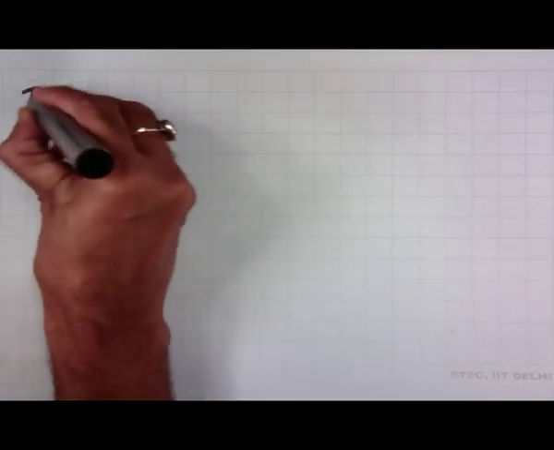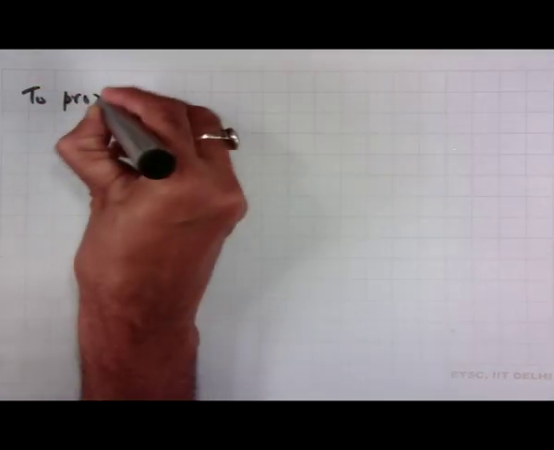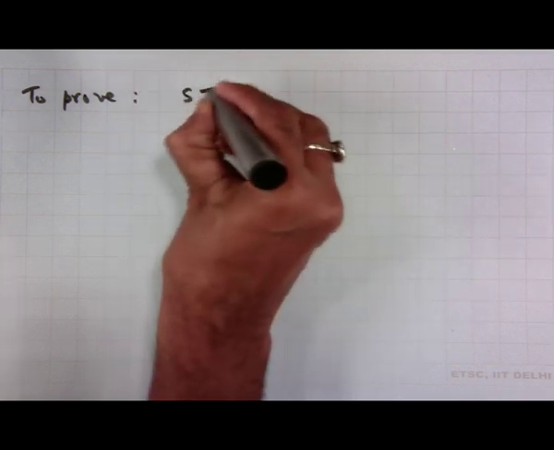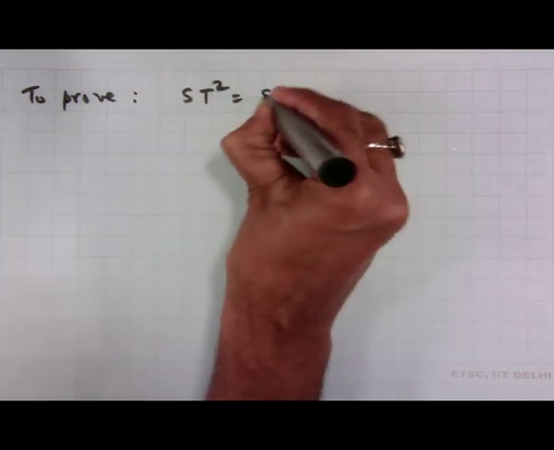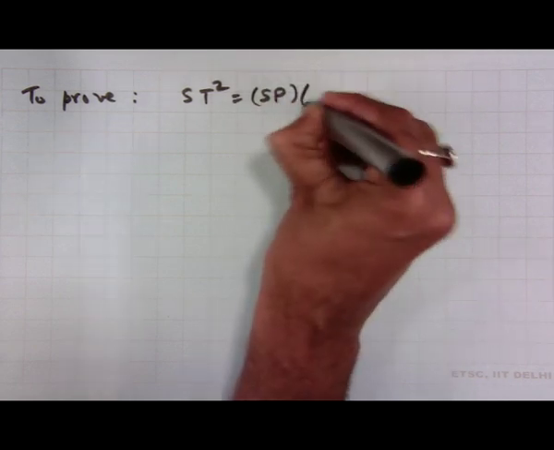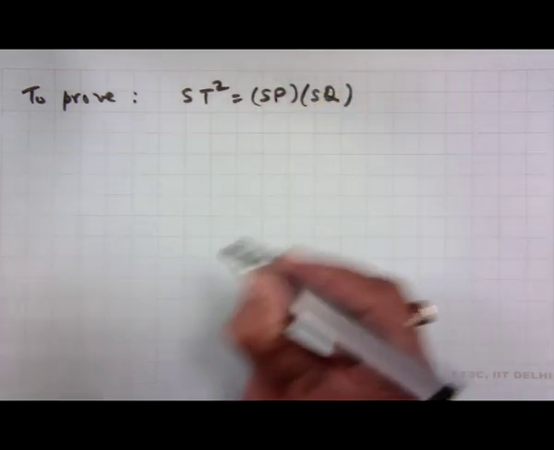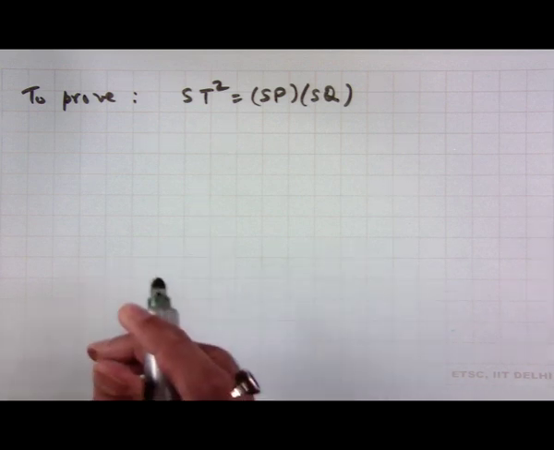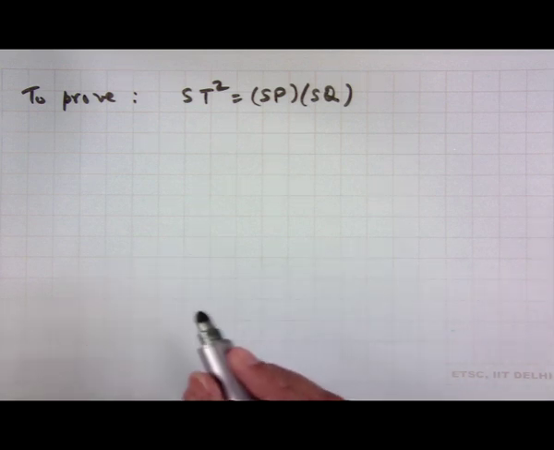Now, to prove ST square is equal to SP times SQ, let us calculate what is the distance.